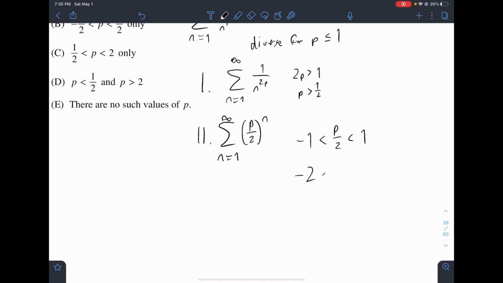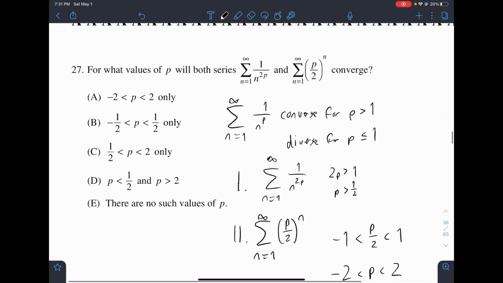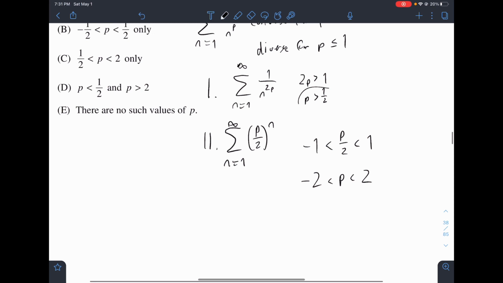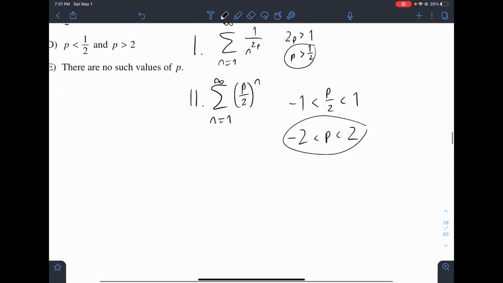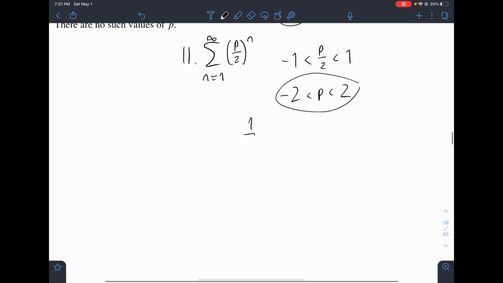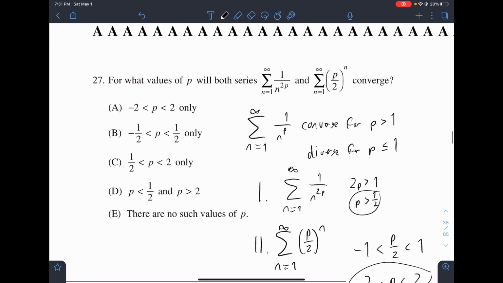We can multiply everything by 2, so -2 and 2 are our bounds. For both of these series to converge, we want a p-value that is greater than 1/2 and between -2 and 2. So that'll be 1/2 is less than p is less than 2. And so that's going to be answer C.